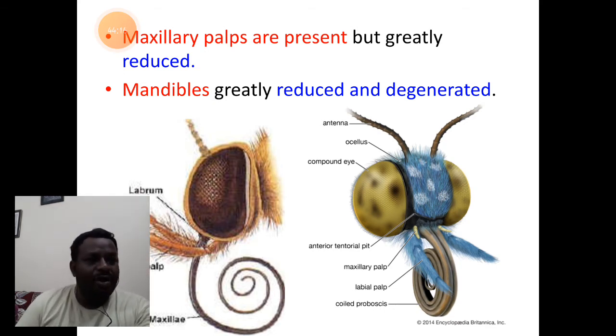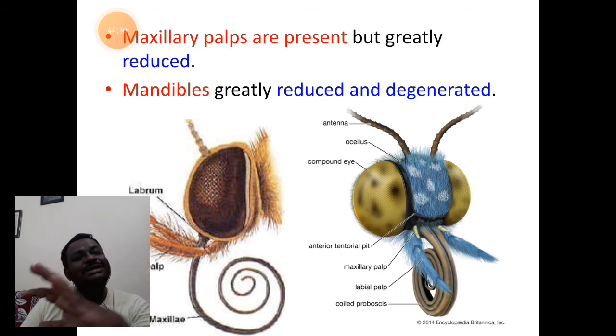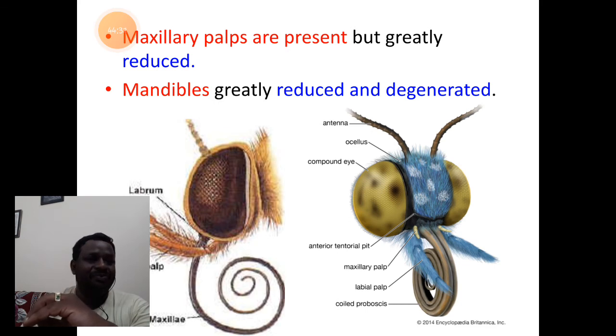Beside the labial palp, you have small yellow shaded structures attached. They are called maxillary palps. They are present but highly reduced, very short in size.